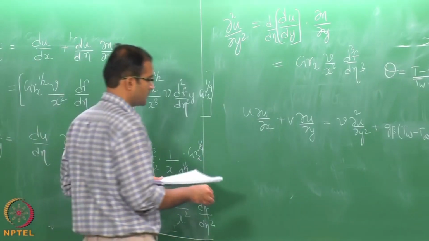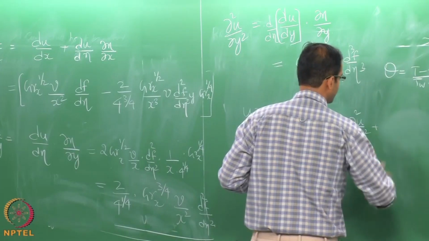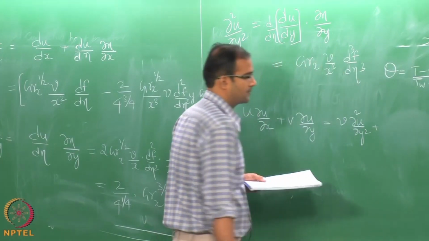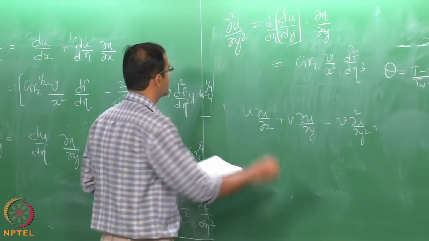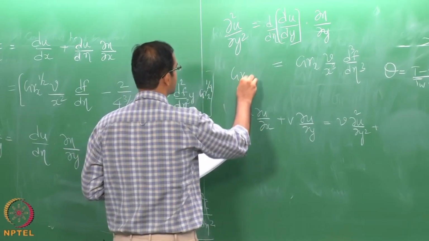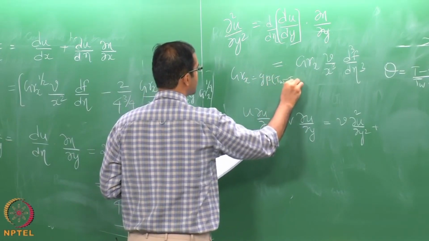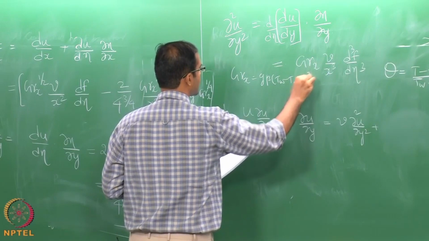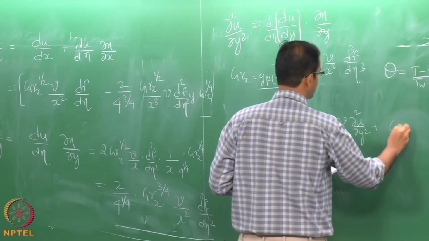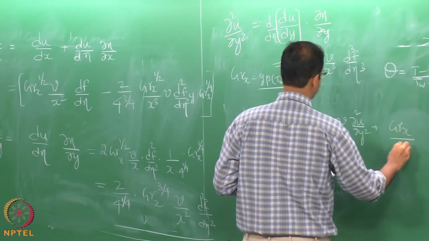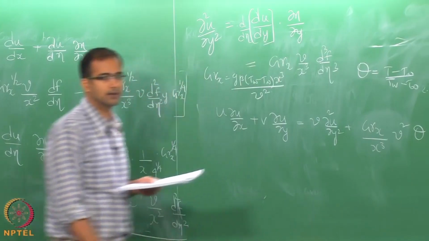Right. So, what this will be in terms of Grashof number? So, your Grashof number once again g beta T wall minus T infinity into x cube by nu square. So, this will be simply Grashof number x by x cube into nu square theta.